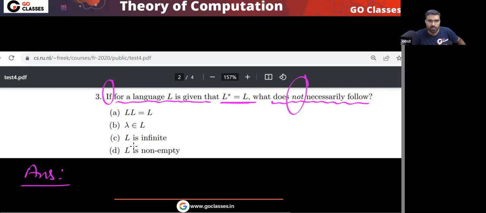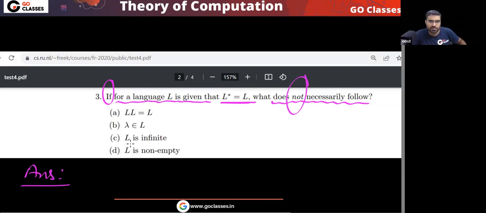What about option A? Can I say LL is equal to L? Please tell me. This will also definitely happen.